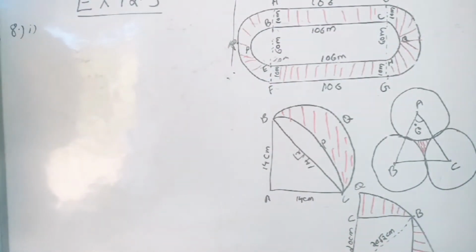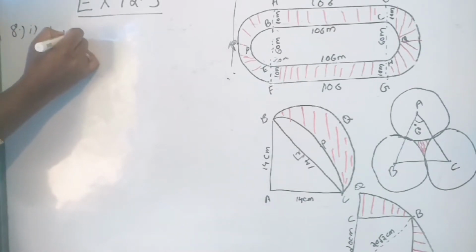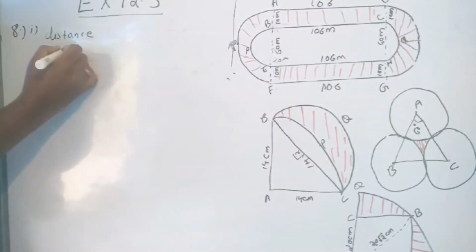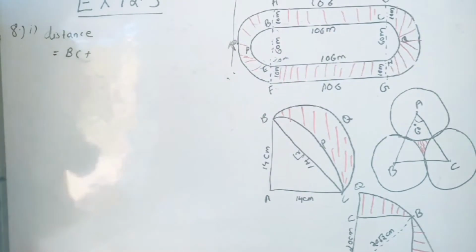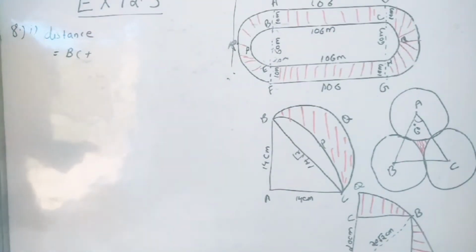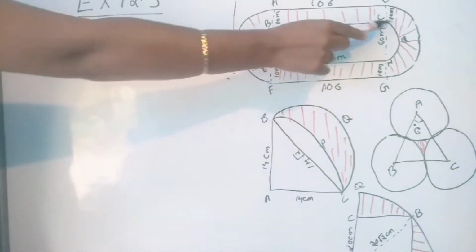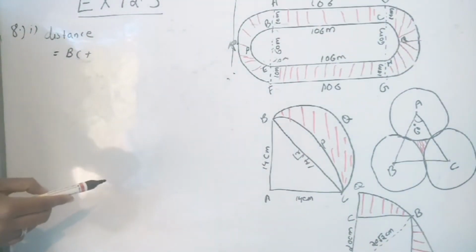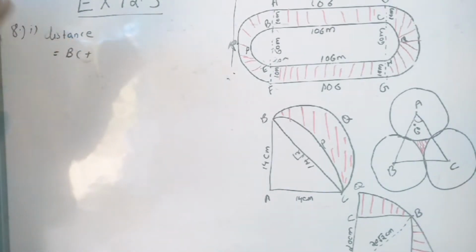The distance is equal to BC plus CQH. Since we have circular ends, CQH is the circumference of a semicircle.